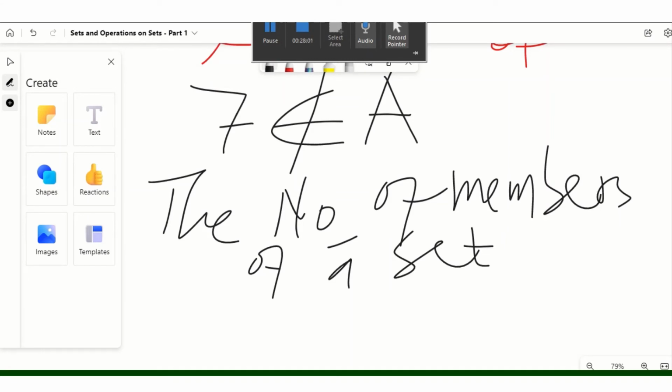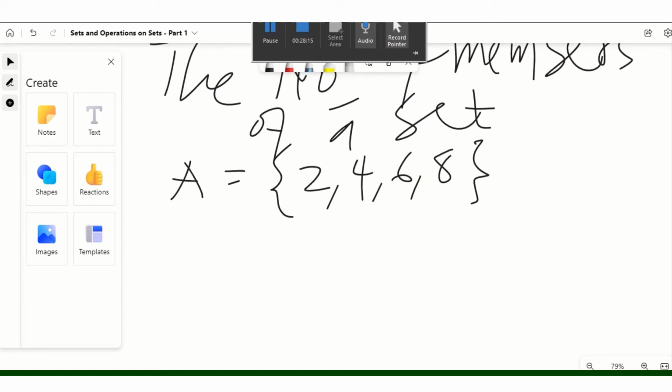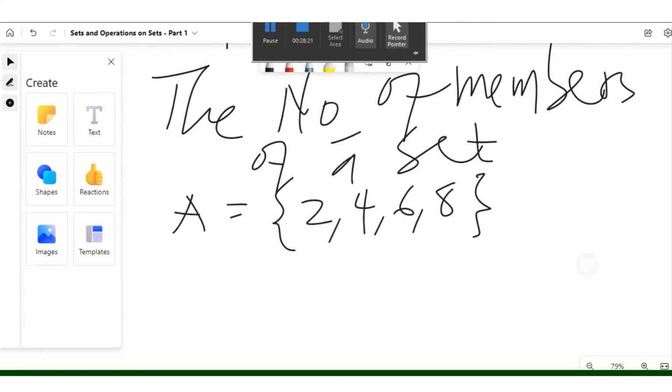We are using the same example of A, curly bracket, 2, 4, 6, and 8. Let's go down to create some space for ourselves. So A equals the set of 2, 4, 6, 8.